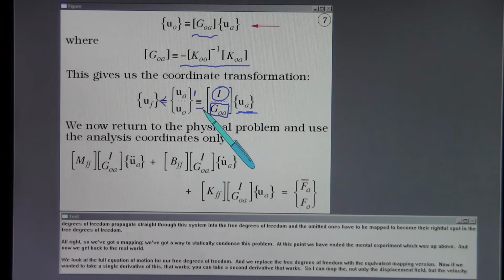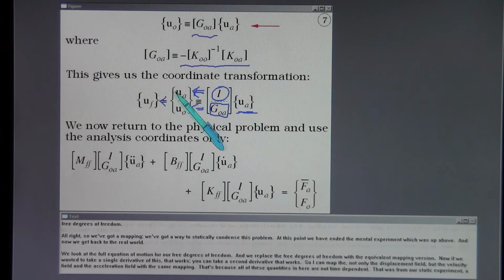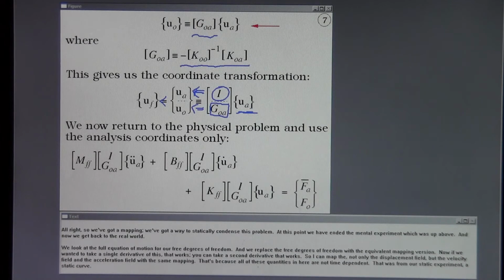So it's as if there's two parallel pipelines here going from right to left. The analysis degrees of freedom propagate straight through this system into the free degrees of freedom, and the omitted ones have to be mapped to become their rightful spot in the free degrees of freedom. All right, so we've got a mapping, we've got a way to statically condense this problem.